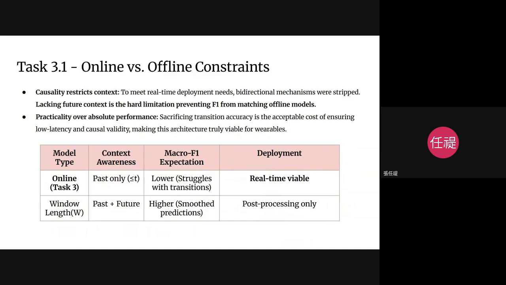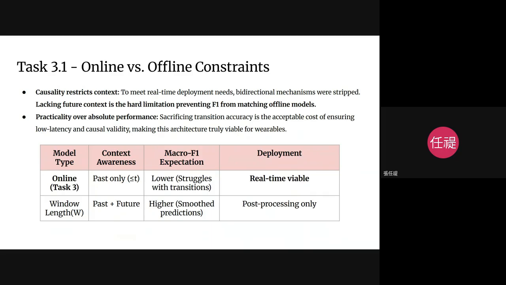The fundamental constraint here is causality. Because we remove the bidirectional layers, the model cannot smooth out its predictions using future context. This lack of future context is the primary reason our F1 score cannot match the offline model.